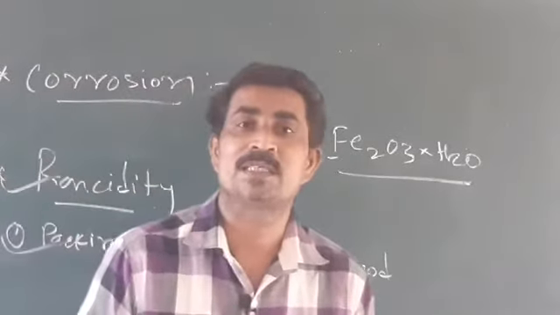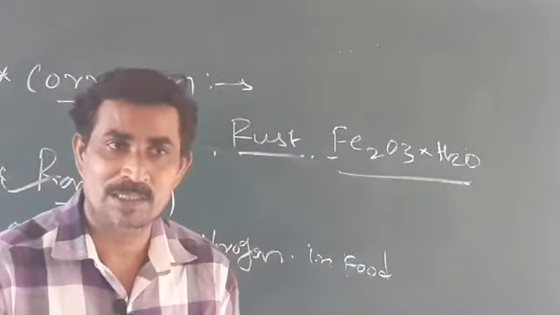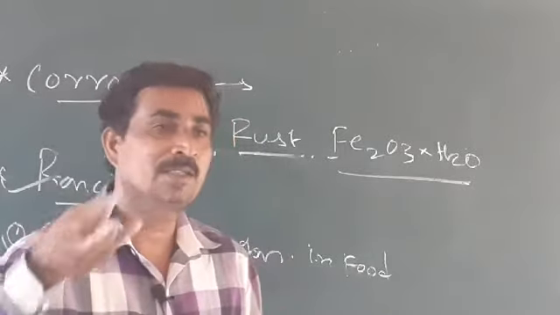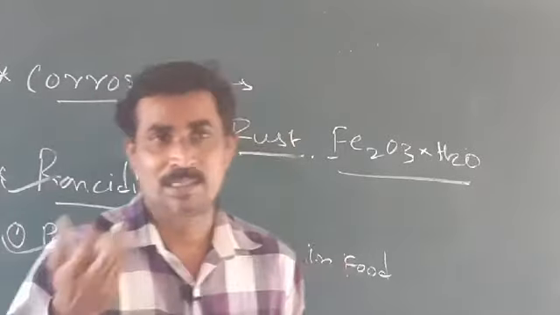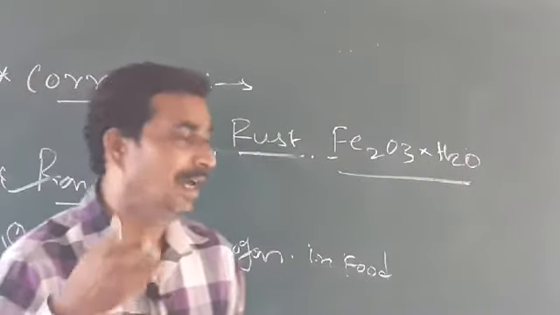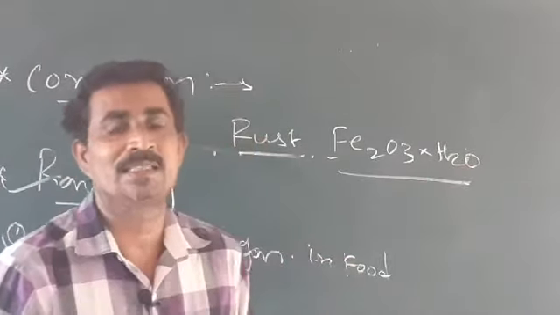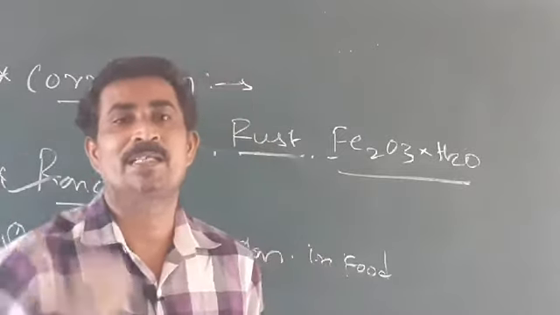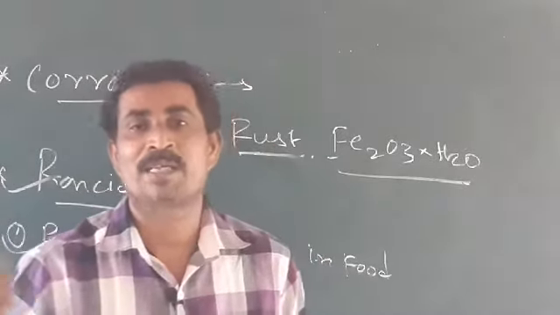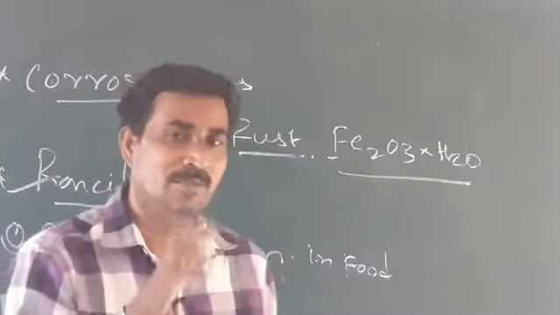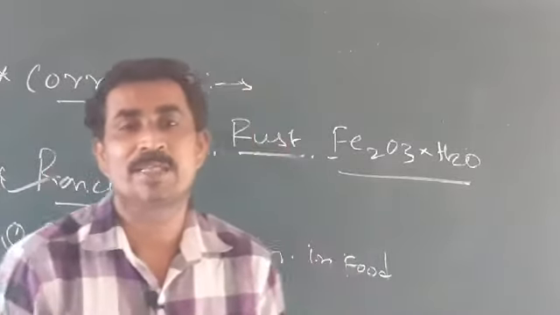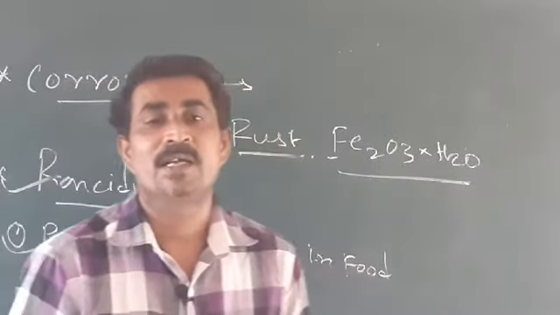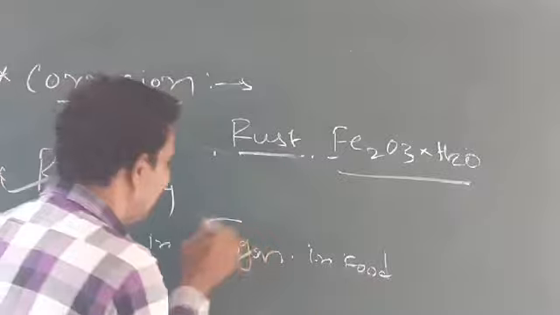What does rancidity mean? Rancidity is one type of oxidation reaction. Take a chips packet, or a different product like pickle. When such materials are kept for a long period, like dry fruits, pickles can also be used after one or two years. But when such materials are packed, nitrogen gas plays an important role.